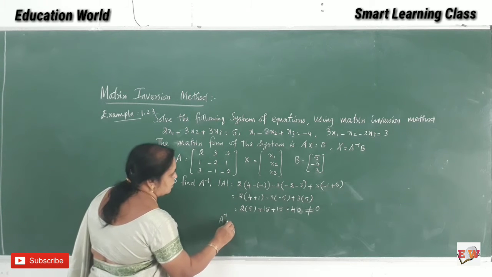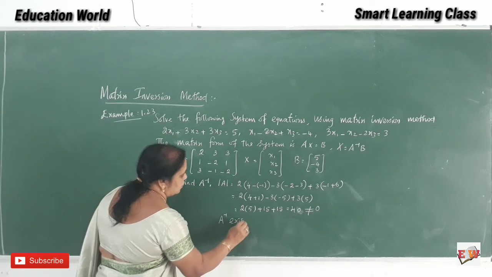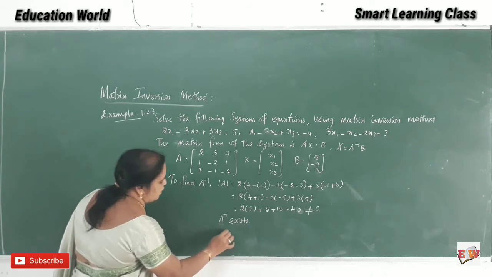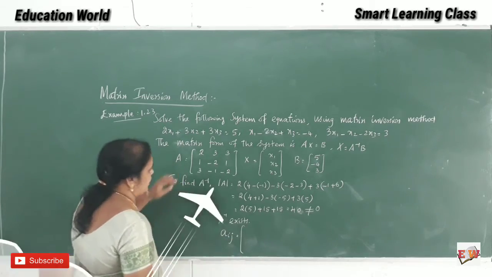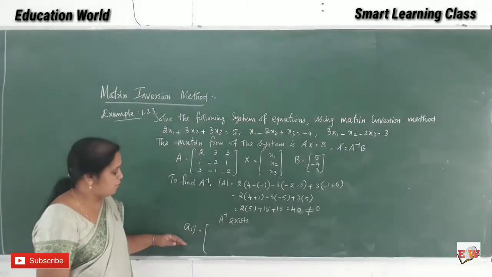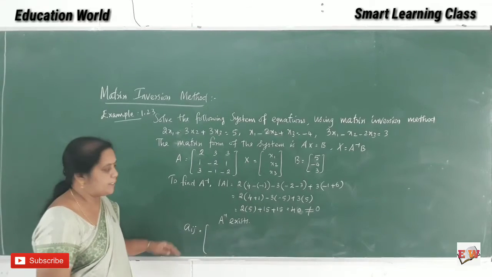So A inverse exists. To find A inverse, first we have to find Aij.